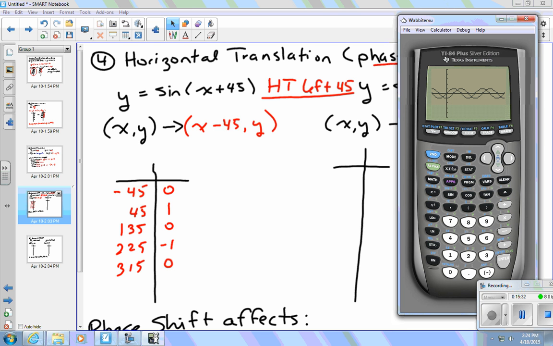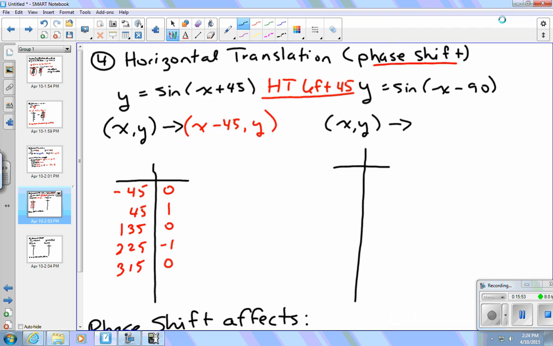And that's because of, well, actually not left 90, but left 270. And that's because of the periodic nature of sinusoidal functions. Okay, you could say, well, it's shifted right 90 or it's shifted left 270. But we're going to call it shifting it right 90.